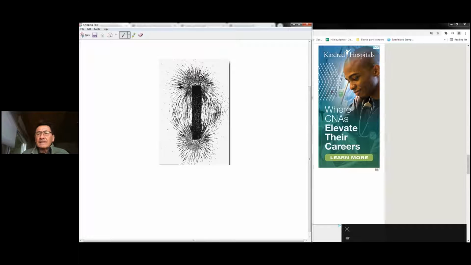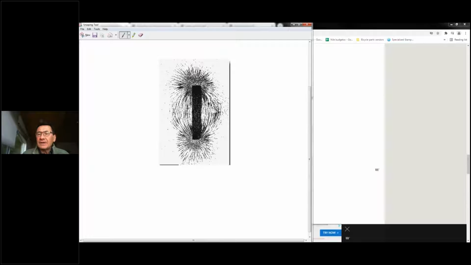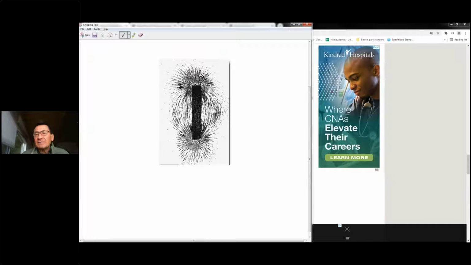When we talk about magnetic field strength, we talk about a concept that actually doesn't exist, but it allows us in our human minds to understand magnetism better, and it's called lines of flux. And so you see that these iron filings line up and create certain lines, if you will.